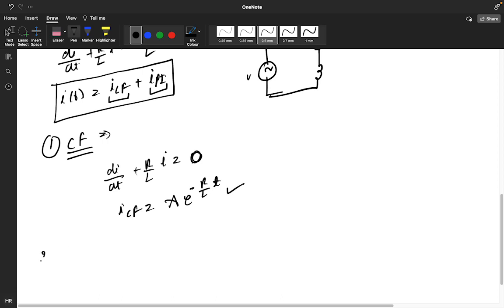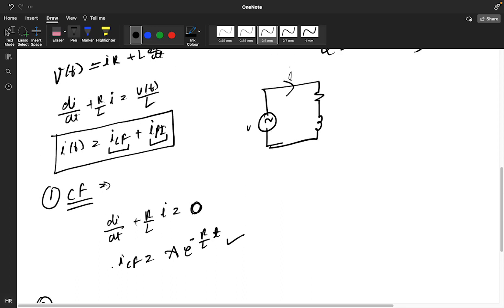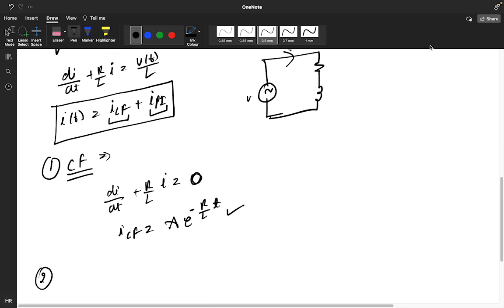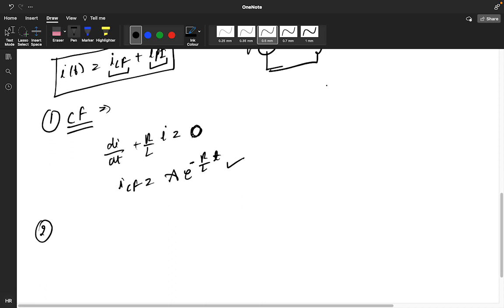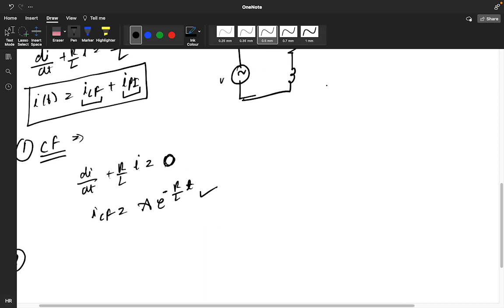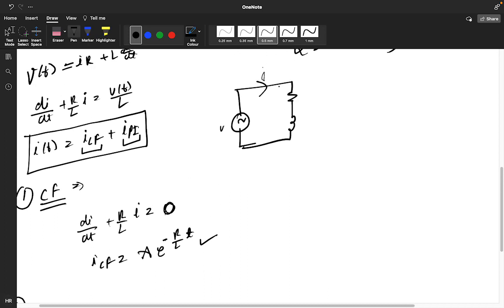And for the particular integral, we have to see for infinite time, and we cannot do a short circuit as we were doing in the previous case, in the DC case. We have the circuit like this only, our voltage will be there.